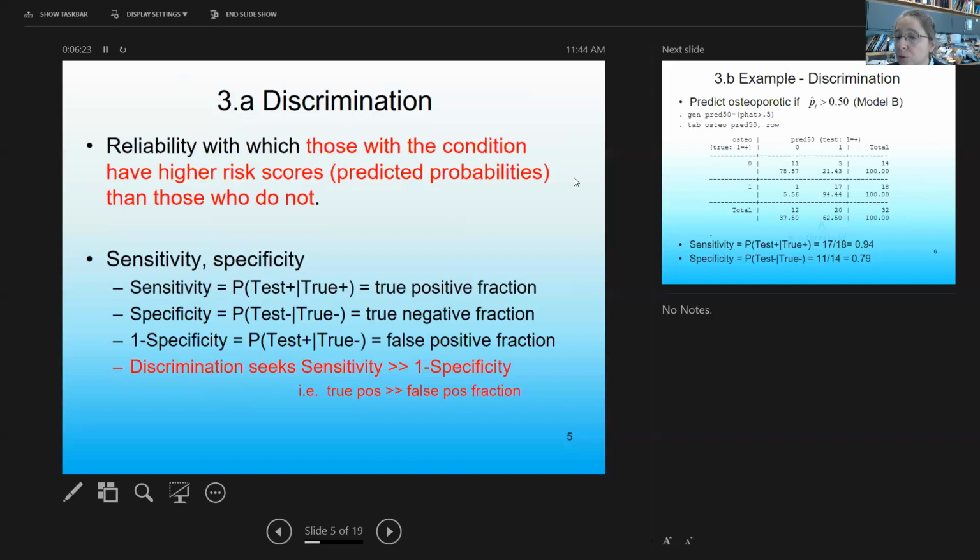Among those who are truly negative, what are the proportion who falsely test positive? In a word then, discrimination seeks the sensitivity to be considerably higher than the specificity. We want the true positive fraction to be considerably higher than the false positive fraction if we have a good decision rule.